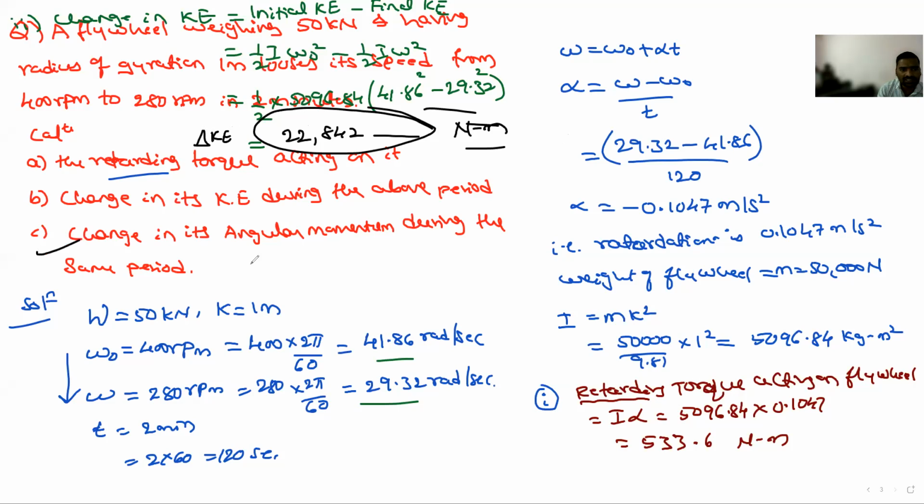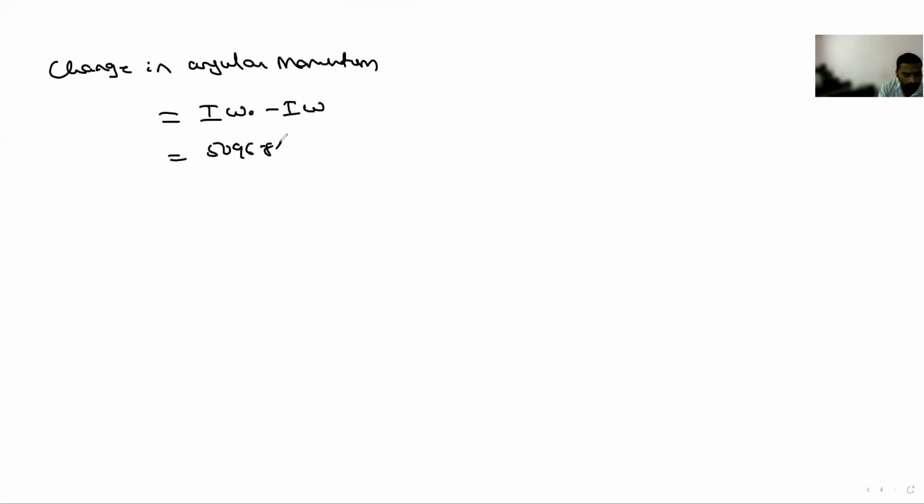Then what is the third one? Change in angular momentum. What is the angular momentum formula? Change in angular momentum is equal to I omega initial minus I omega final. Substitute the I value, 5096.84, into omega naught, 41.88 minus 29.32.